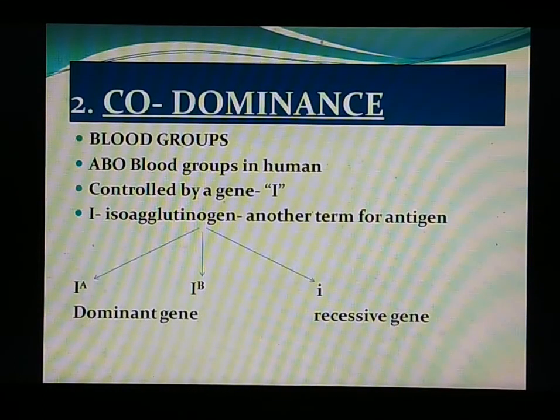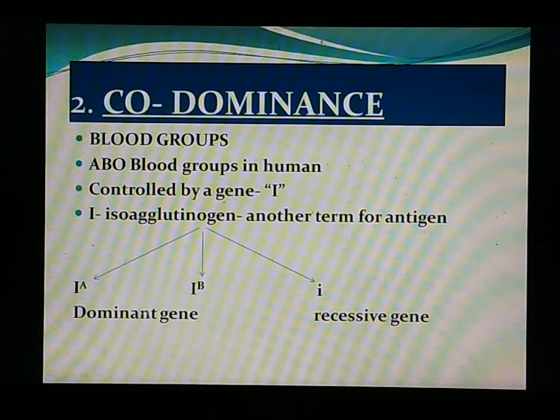So the gene I has three alleles here. Earlier we had discussed that there are only two alleles, right? But in the population we see that there are three alleles for the I gene, mainly for blood groups. So it is IA, IB and small i.